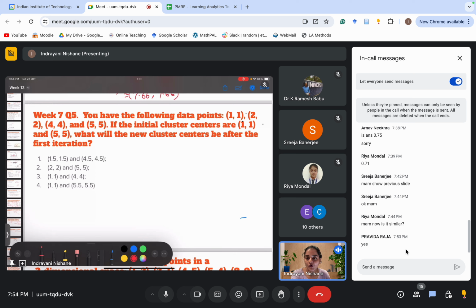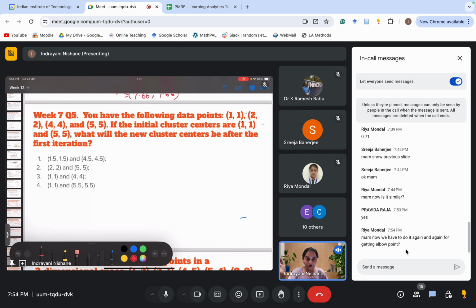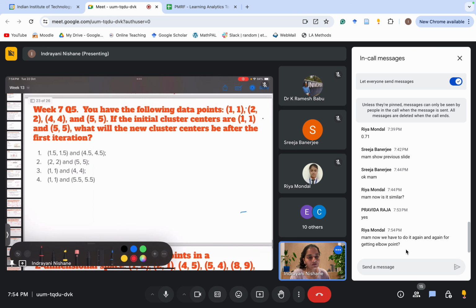You have the following points: 1, 1, 2, 2, 4, 4 and 5, 5. If the initial clusters are 1, 1 and 5, 5, what will be the cluster centers after the first iteration? Okay, great. So the thing which we did for the previous problem, the same thing we have to do now.